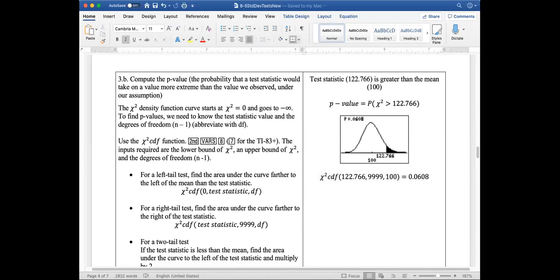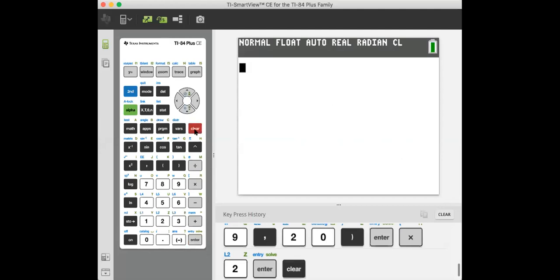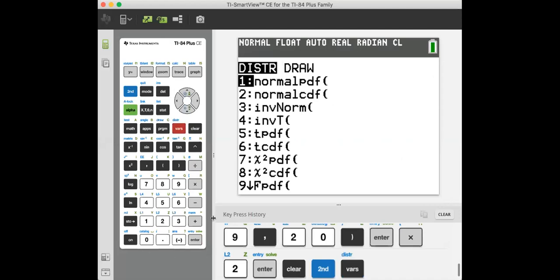Let's go ahead and put this in a calculator. Let me clear what we got here. Second, vars, number 8.